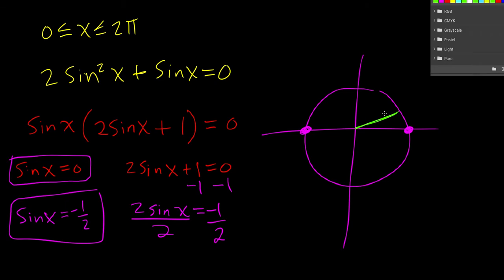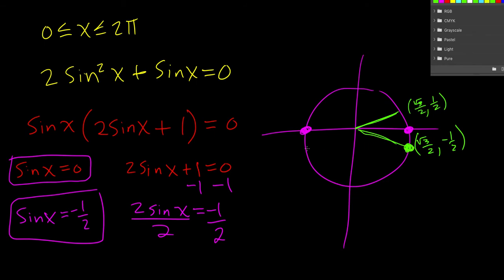And so if we go to our first tick mark, the y value is positive 1/2. But if we mirror this down here, that's going to be square root of 3 halves, negative 1/2. So that one works.